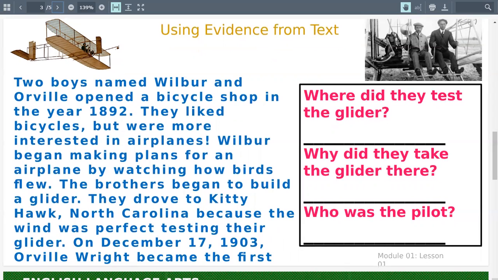Now I'm going to look at the first question, which says, where did they test the glider? So I'm looking for where Wilbur and Orville tested their glider. I'll give you some think time to see if you can find where the brothers tested their glider.